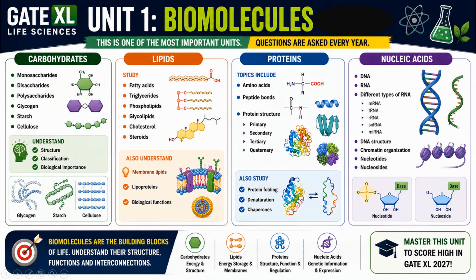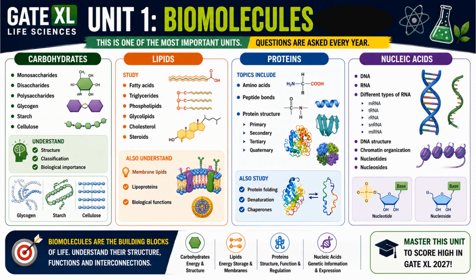Then some additional things you should also read about. If you want to see the carbohydrates, there we talk about all the different categories of carbohydrates like monosaccharides, disaccharides, polysaccharides, and each component. Here we should understand their classification, stereochemistry, different bonding patterns, and biological functions of the biomolecules.